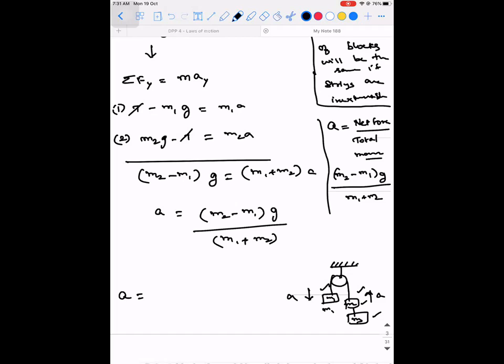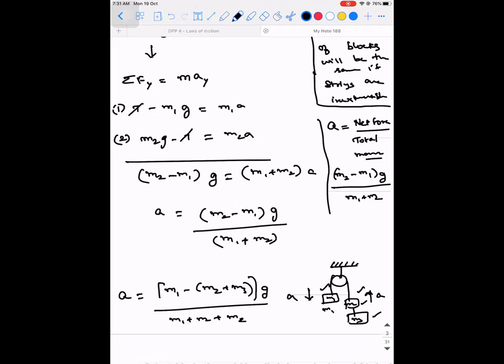No. Can you repeat it? M2 plus M3 minus M1. No, it is actually M1 minus (M2 plus M3) into g divided by (M1 plus M2 plus M3).